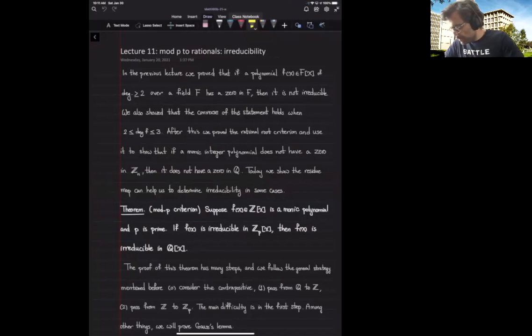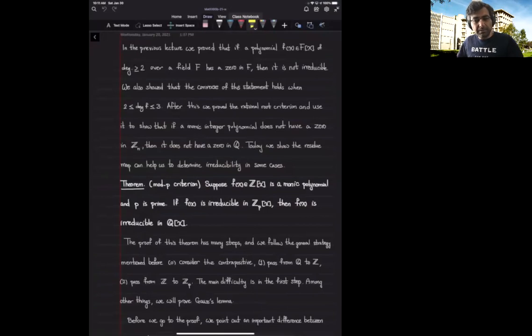Okay, so what is the statement? Suppose that I start with a monic integer polynomial. So f is a monic integer polynomial. And suppose that for some prime number p, when I look at f mod p, it is irreducible. If this happens, then automatically we can deduce that f is irreducible in the ring of polynomials with coefficients in rational numbers.